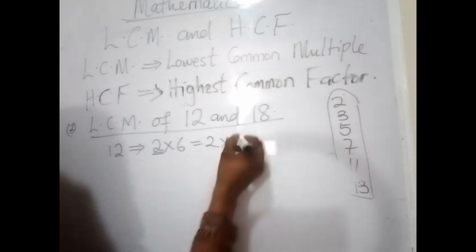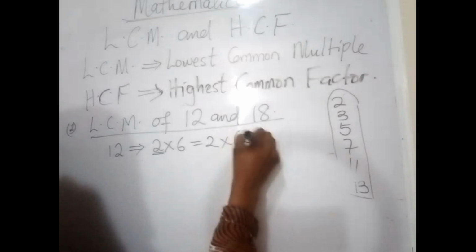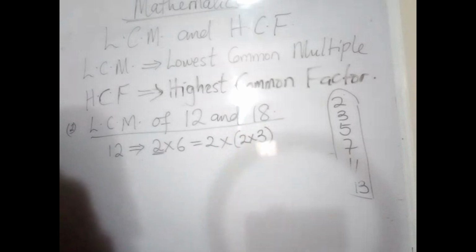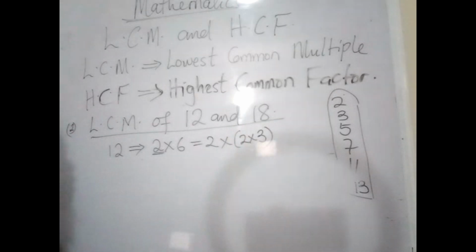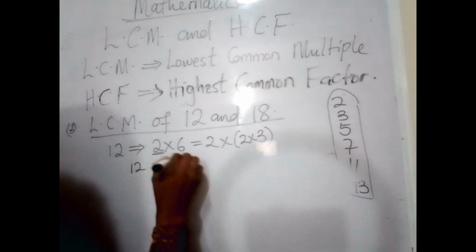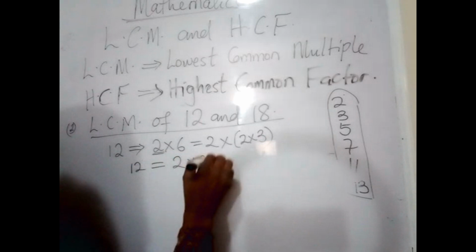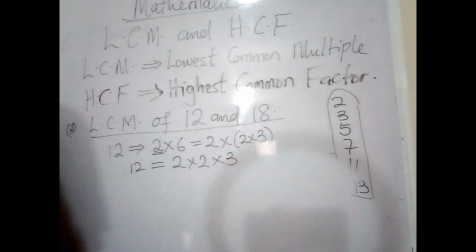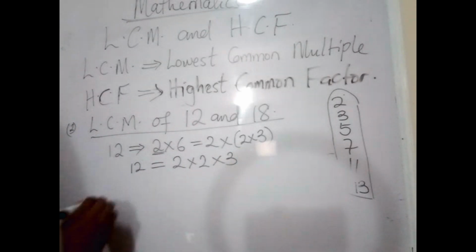It's 3 times. That's 2 times 3. So here we have 2 times 3, right? So our 12 is giving us 2 times 2, 4 times 3, 12. So we have 12. Now let's look for 18.